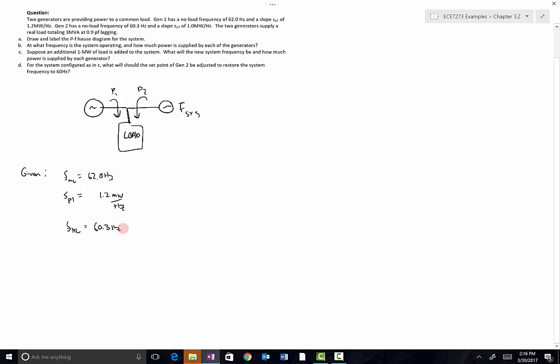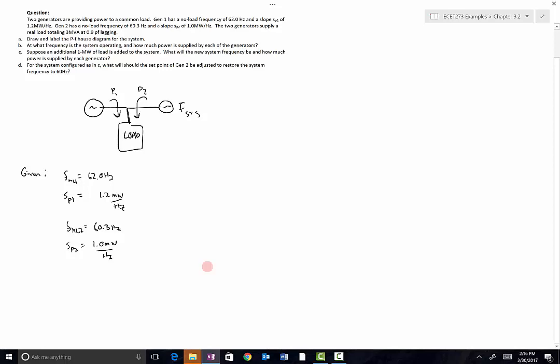And its frequency droop slope, SP2, is equal to 1.0 megawatt per Hertz. So again, FNL1 and FNL2, those are the generator set points. We can change those. SP1 and SP2 really are more related to the construction of the generator.